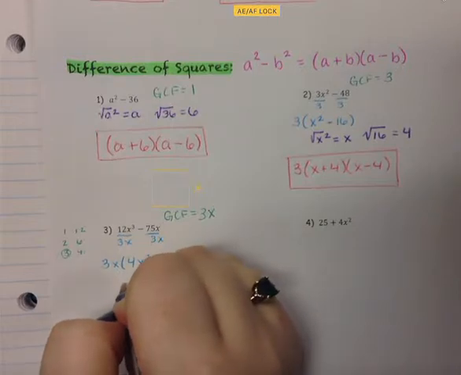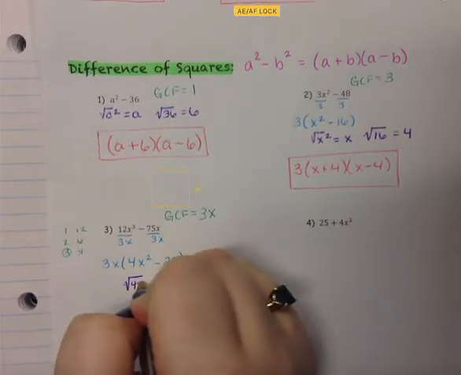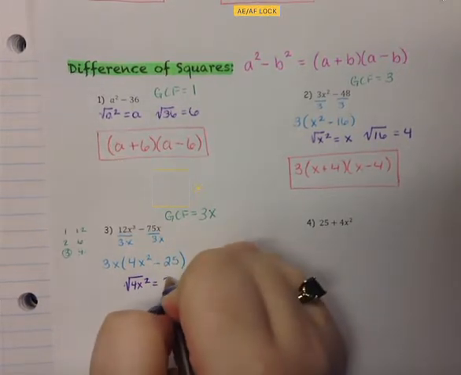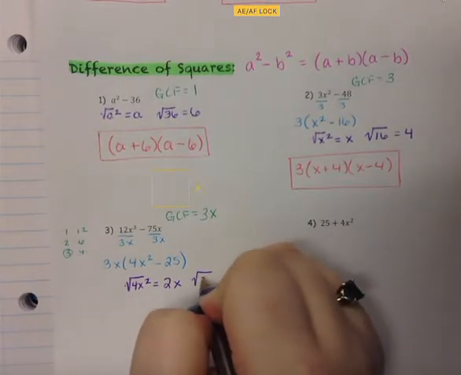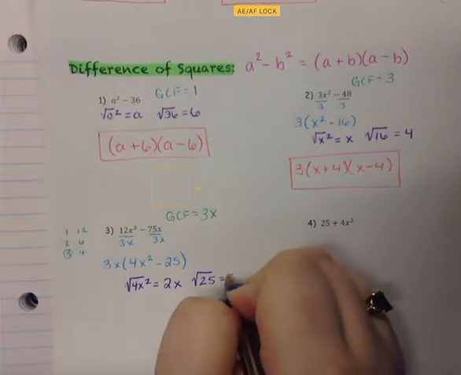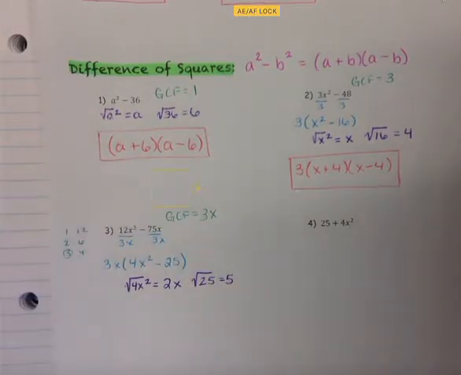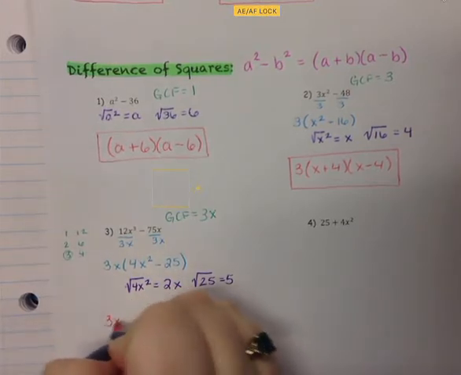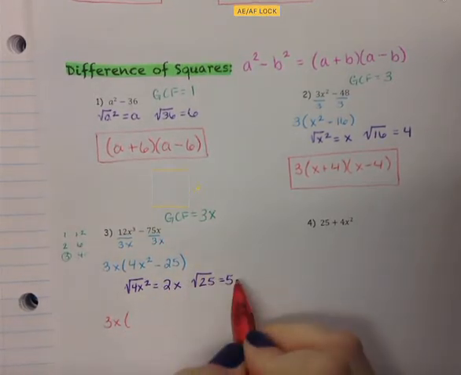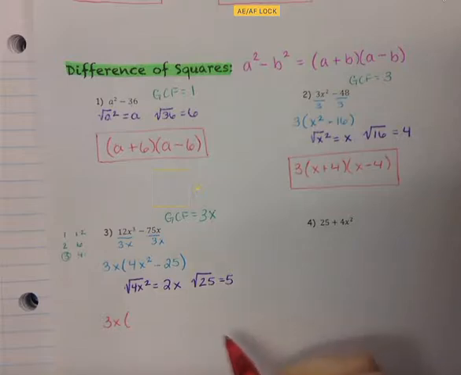So I'm going to take the square root of 4x squared, which is going to give us 2x. The square root of 25 is 5. So now we can write our answer. We're going to keep the 3x on the outside of our parentheses because that was our original GCF. The 2x and the 5 are what are inside the parentheses.